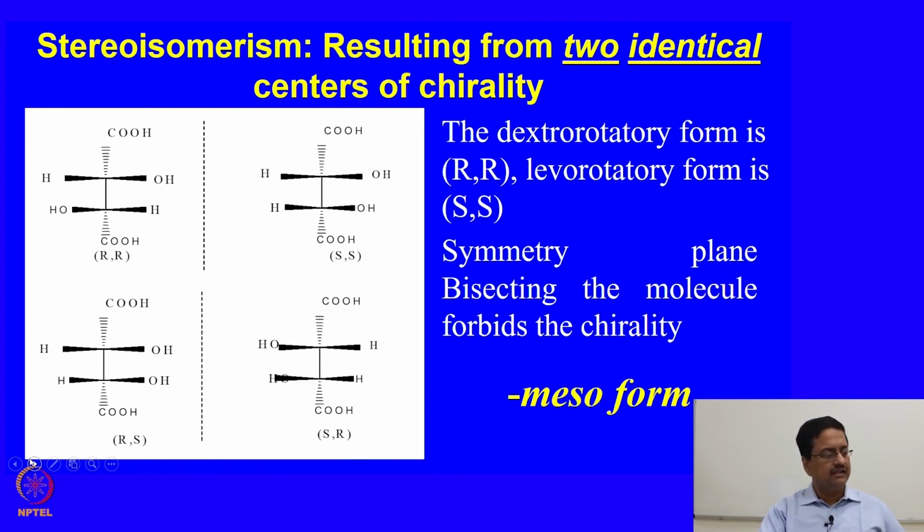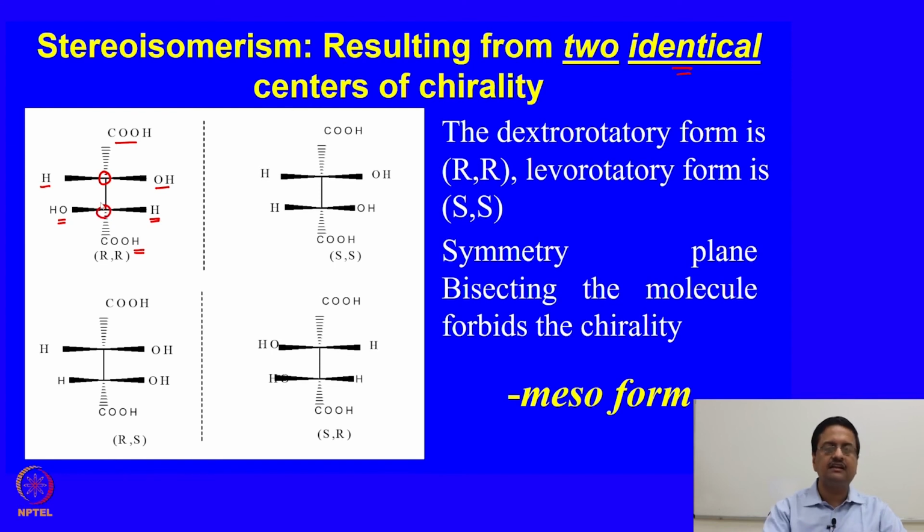Now if we have a different molecule where we have two identical centers of chirality, when we say identical centers of chirality, it means that the groups associated with each of those chiral centers are the same. So what we have here is carboxylic acid, OH and hydrogen associated with this carbon center, and here the second chiral center has carboxylic acid, hydrogen and OH.